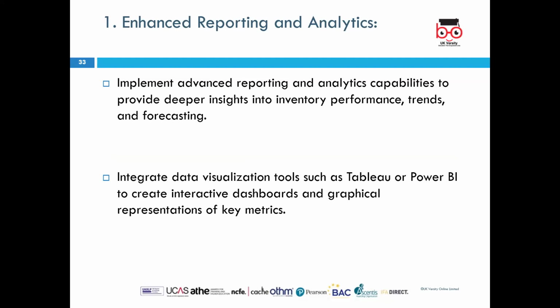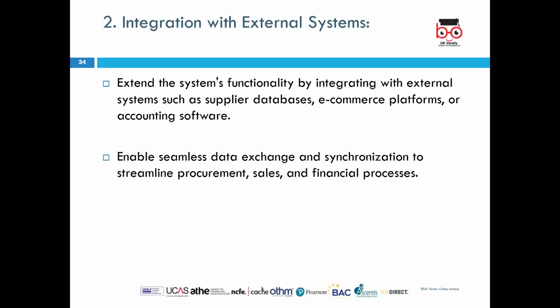We can look into enhanced reporting and analytics, where we implement advanced reporting and analytics capabilities to gain deeper insights into our inventory performance, trends, and forecasting. Integration with external systems, where we're going to extend our system functionality by integrating with external systems such as our supplier databases, e-commerce platforms, or accounting software.